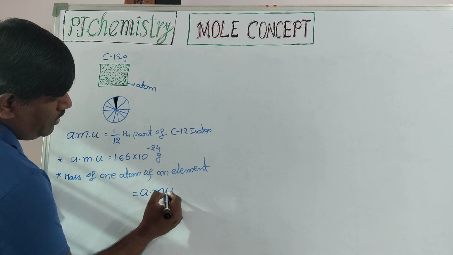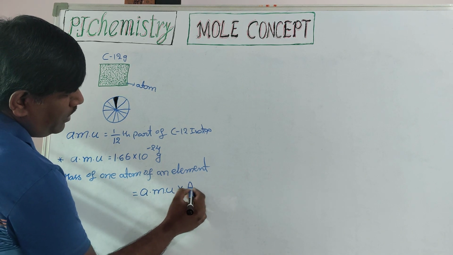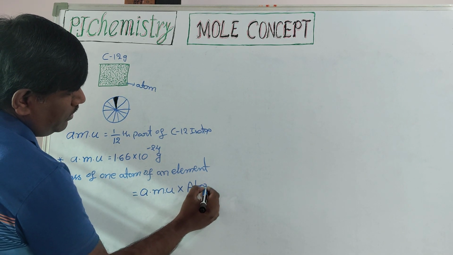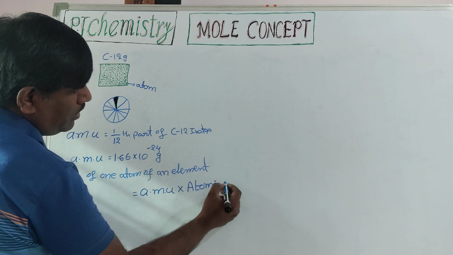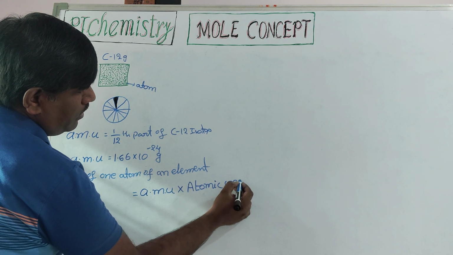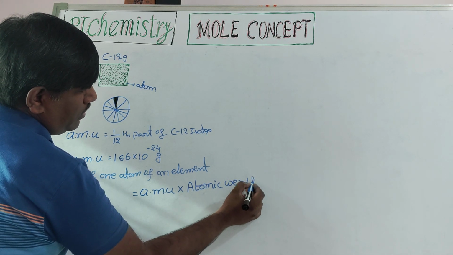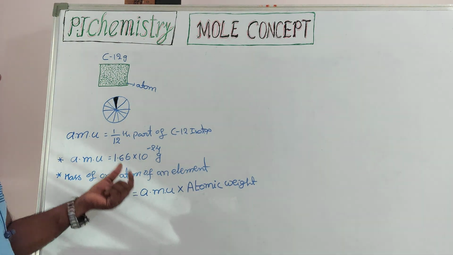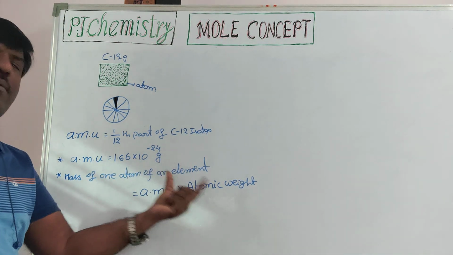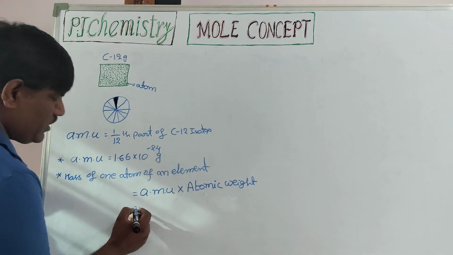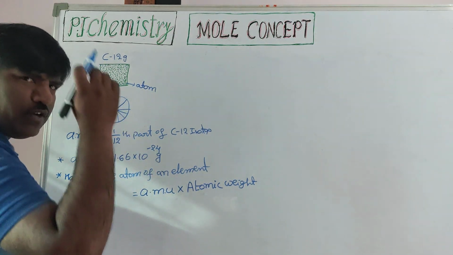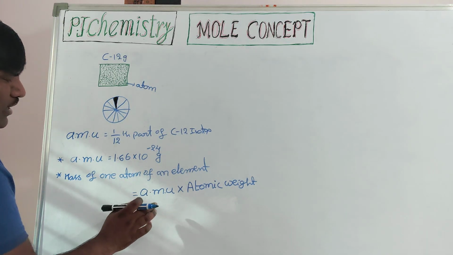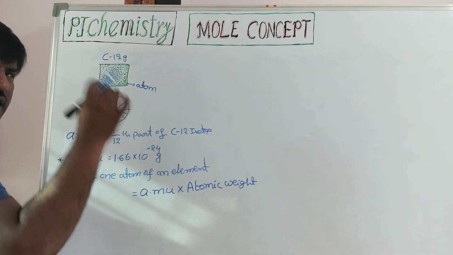AMU into atomic weight. AMU is nothing but this value, into atomic weight. This is the general formula to find out the mass for any element.